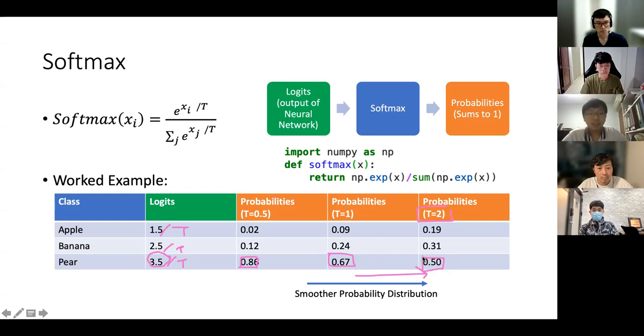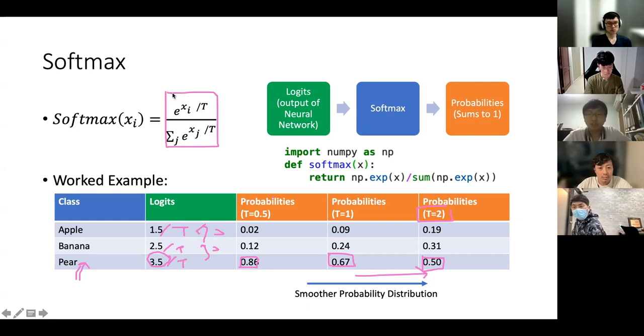But one thing for sure, even if you increase your temperature higher, this pear will be at least greater than or equal to all of the other classes. So the order will be preserved. In softmax, the order will be preserved: this one will be greater than this one, greater than this one. It's just the nature of the function. In math terms, they call it an ordinal mapping function, which means that it preserves the order of your elements.